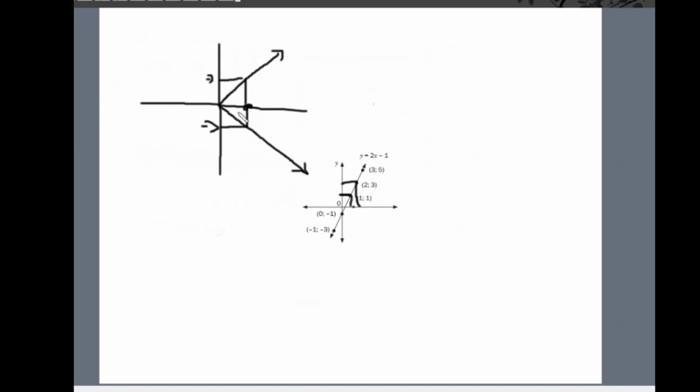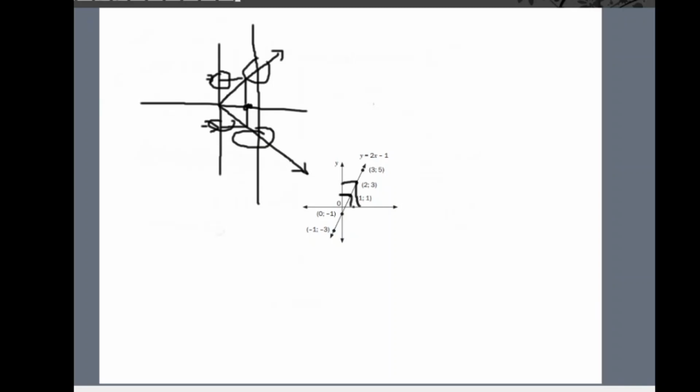So for one x value we are getting two y values. Therefore this graph is not a representation of a function. This is not a function. And as we continue we'll see that it fails the vertical line test because it cuts in two parts of the graph, right?